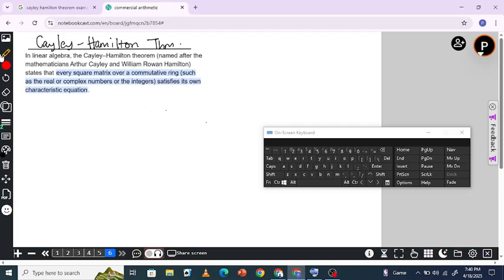A square matrix is one where the number of rows is equal to the number of columns.